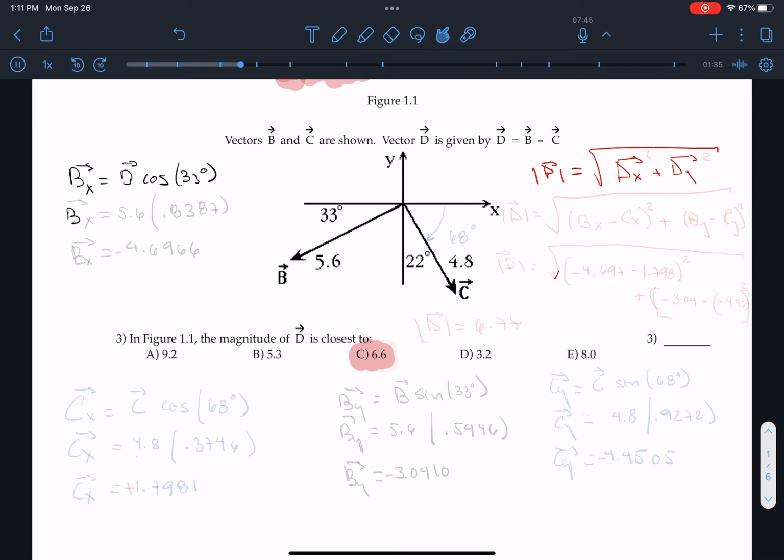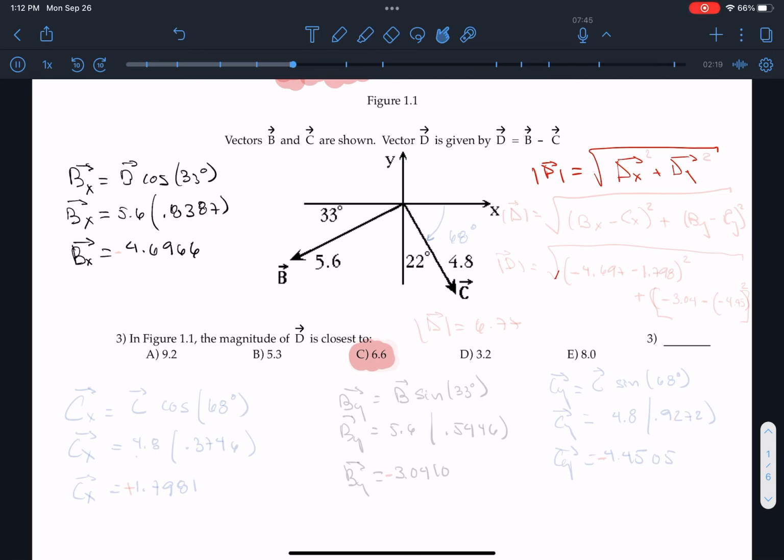So we have the component on the x-axis of vector b equal to 5.6 times the cosine of 33, which is approximately 0.8387. So the component on the x-axis of vector b is going to be equal to 4.6966.